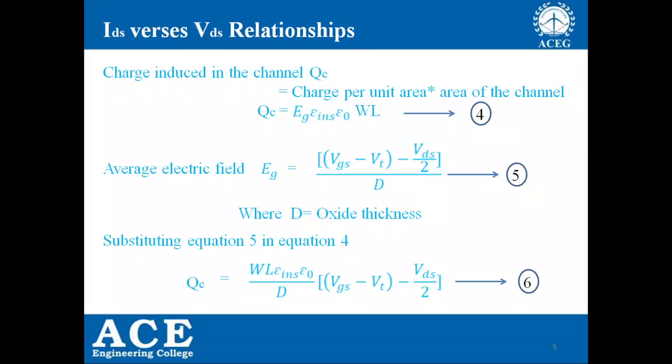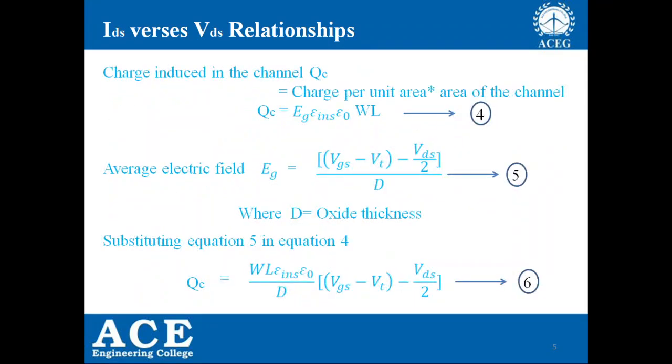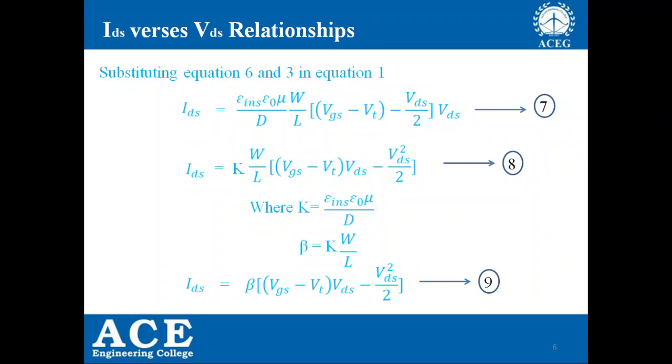So let us substitute this QC value in equation number 1. We have already calculated the denominator part as tau sd in equation number 3, and we have calculated the QC value in equation number 6. So let us substitute equation number 6 and 3 in equation number 1.